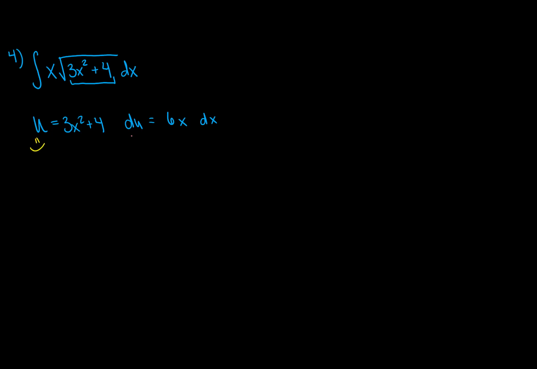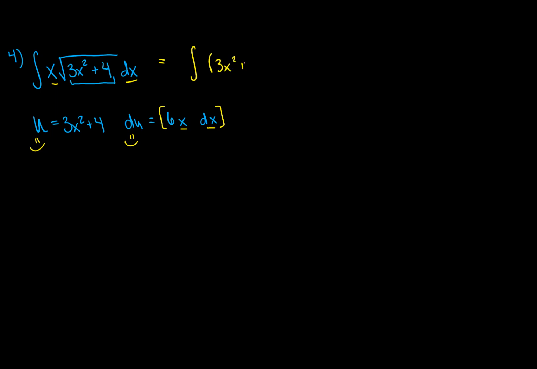All right, so now once you found your u and once you found your du, remember what we're going to do is make sure that all of my pieces are represented for my du. Okay, your du tells you if it's a good u. All right, so dx, check. X, check. 6, nope, but I can compensate for that, right?